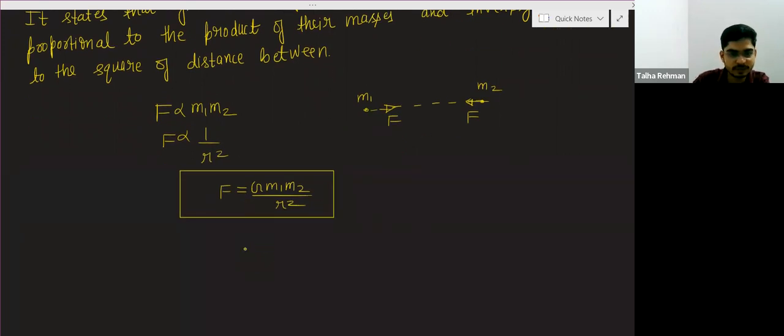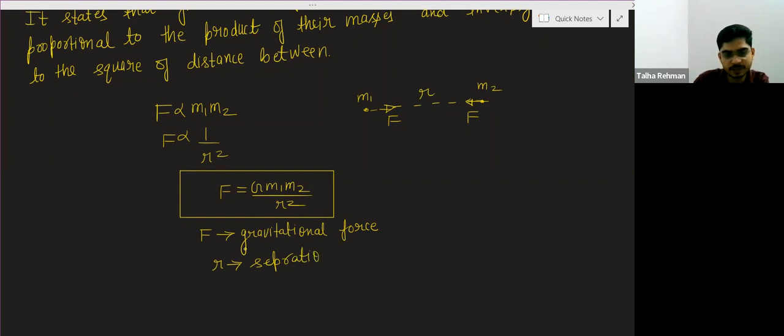What is this? F is the gravitational force. M1 and M2 are the masses.